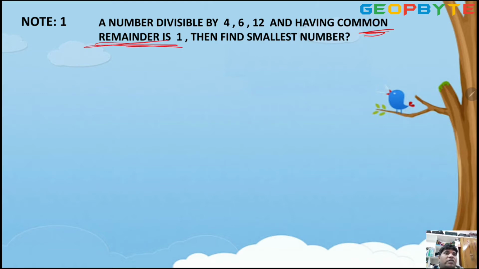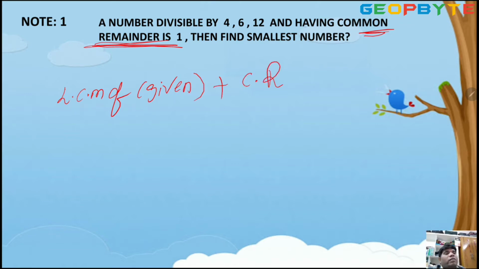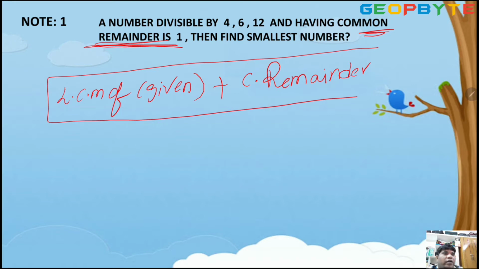This is the logic. Then the answer is LCM of the given numbers plus the common remainder. This is our point.